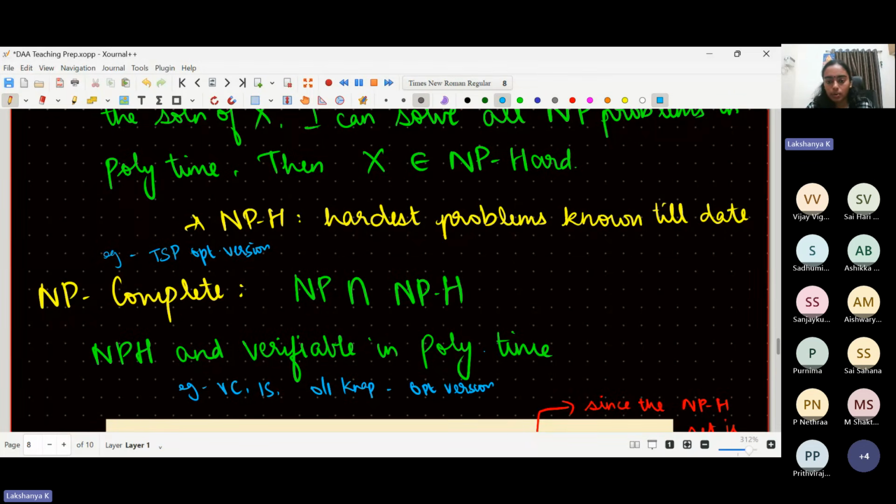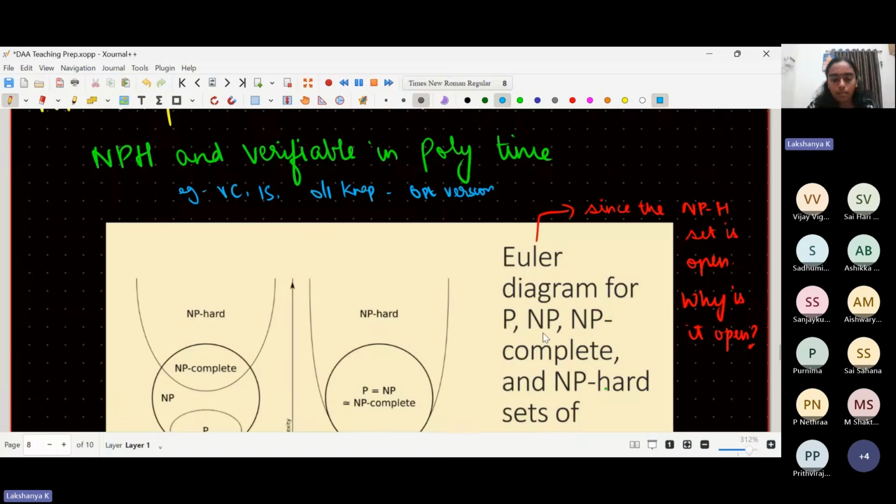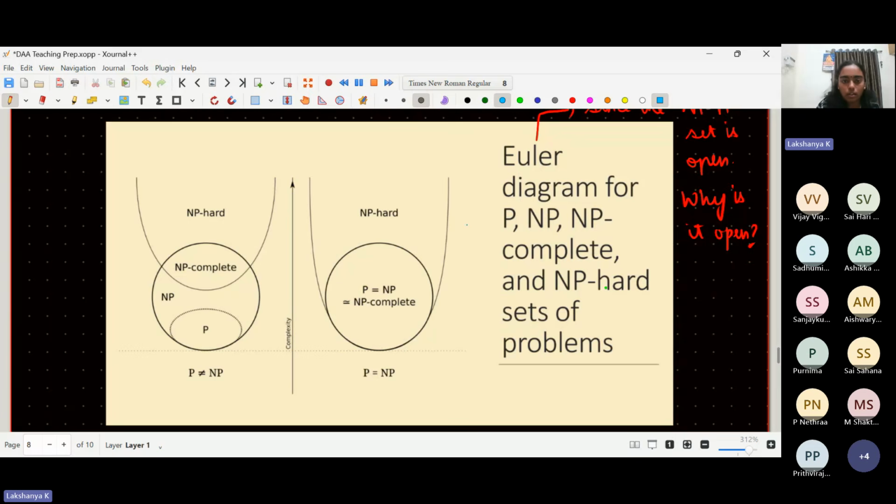Right, so I'll quickly show you the diagram. As of now, ignore this part. Let's focus only on the left hand side. So this circle represents NP, which is verifiable in polynomial time. A subset of that is P, which is solvable in polynomial time. As I said, if it is solvable in polynomial, it is obviously verifiable in polynomial. So P is a subset of NP.